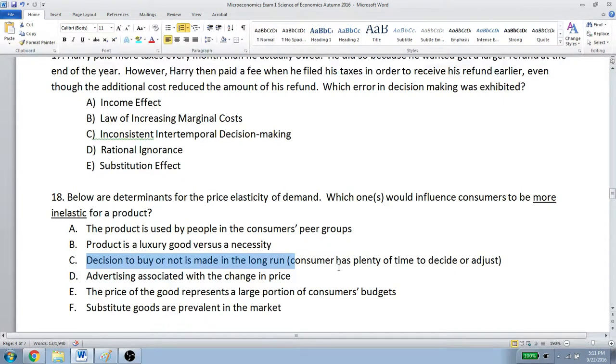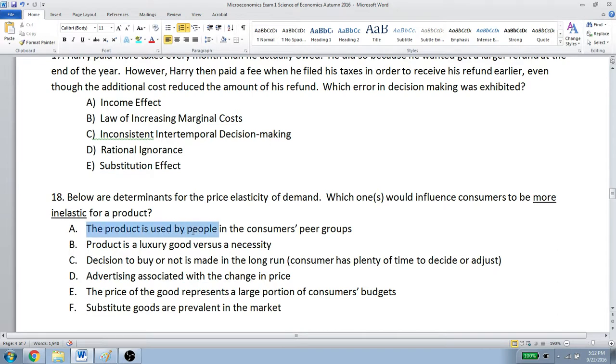Having lots of time to decide makes you more elastic because it gives you more choices and more ability to think about it. If the product is a luxury good, that also makes it more elastic because people can put off buying luxury goods. They can't put off buying necessities. So necessities are inelastic, luxuries are elastic. So that means that all of B through F are elastic qualities.